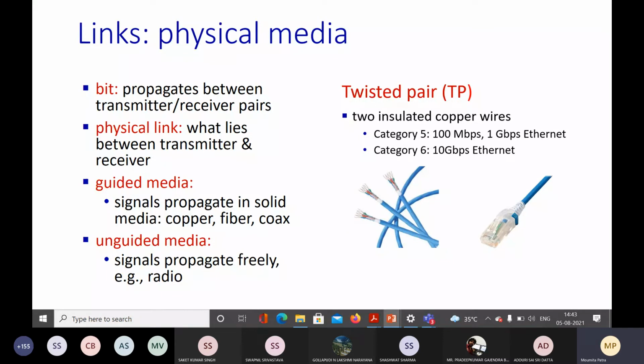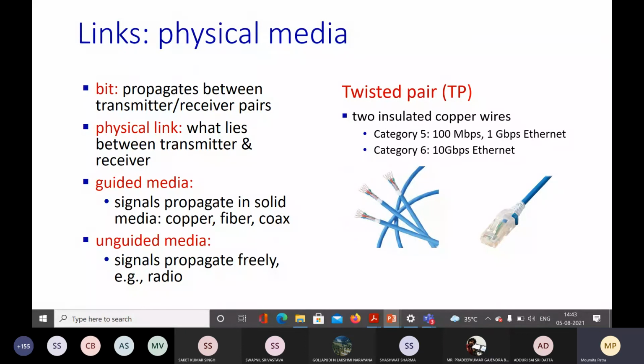Okay? So, what is guided media? The plural is media. The guided media is nothing but a tangible medium, right? That means a wired kind of medium. It is the signal that propagates in a solid medium.